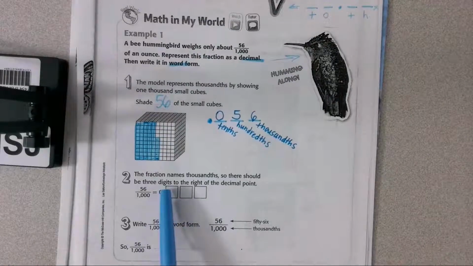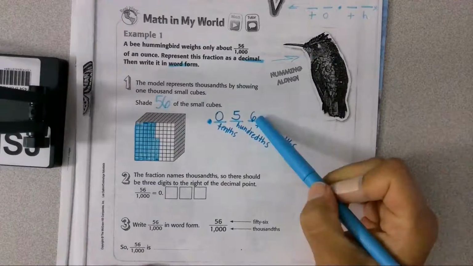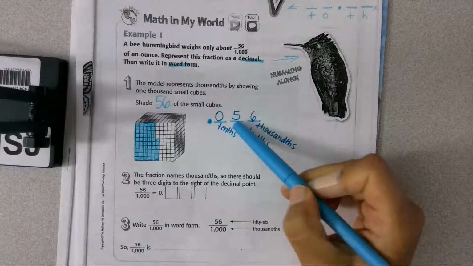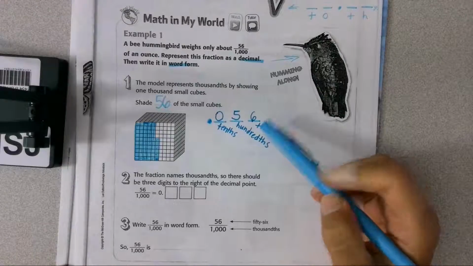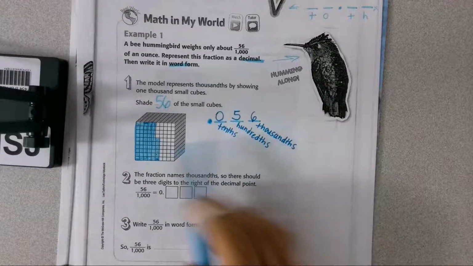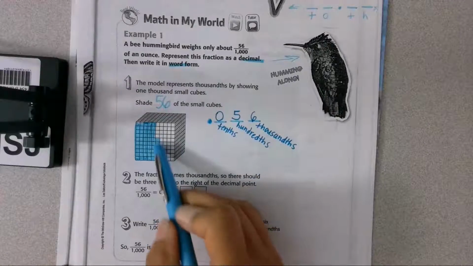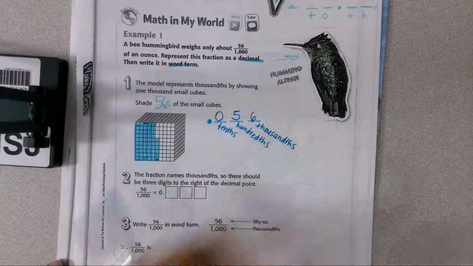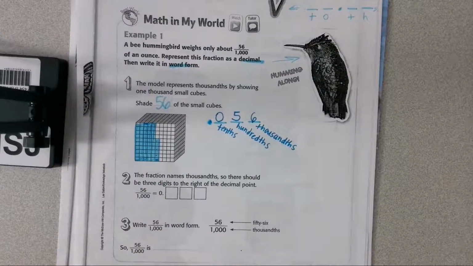So even though the 6 is a bigger digit than the 5, it's smaller because it is on the right hand side, so the value is less, and it is the individual cubes. Those are smaller, right? These are worth more. The fraction names thousandths, so there should be 3 digits to the right of the decimal point.